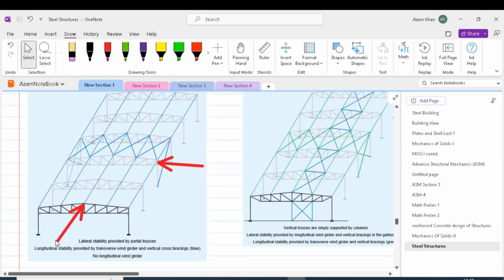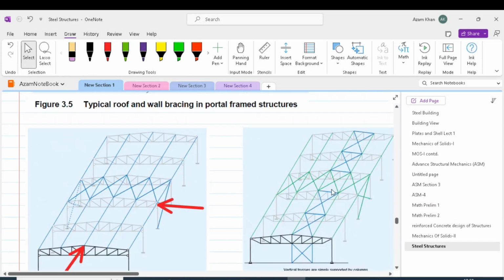Whereas for the out of plane lateral loading, we have to provide a trussed bay. Hence, in case of portal frames, we need only a transverse truss system, whereas in the case of pinned frame structures, we need a transverse truss system as well as a longitudinal truss system.